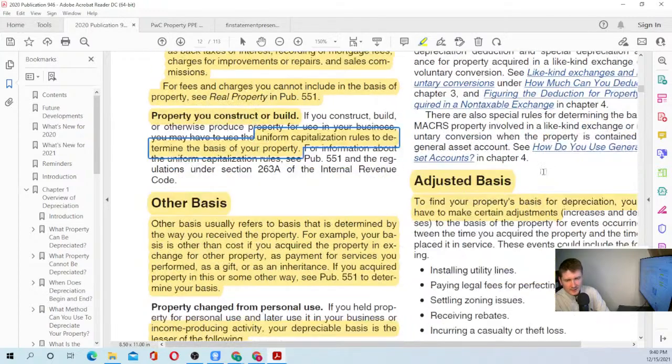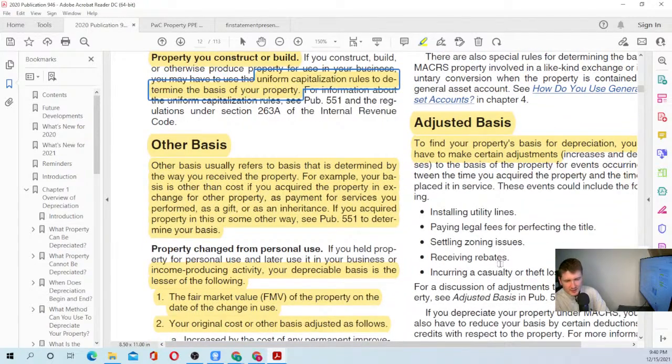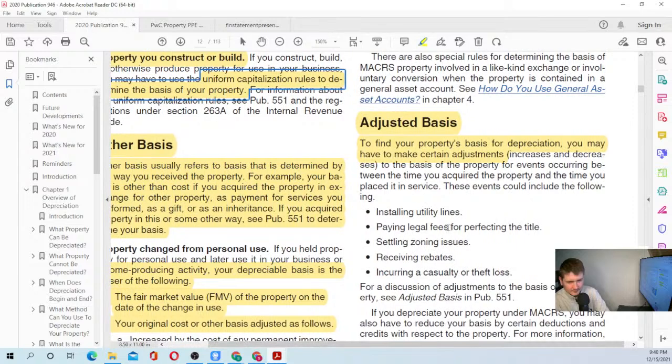And finally, adjusted basis. Increases and decreases to the basis of the property for events occurring between the time you acquire the property and the time you place it in service.